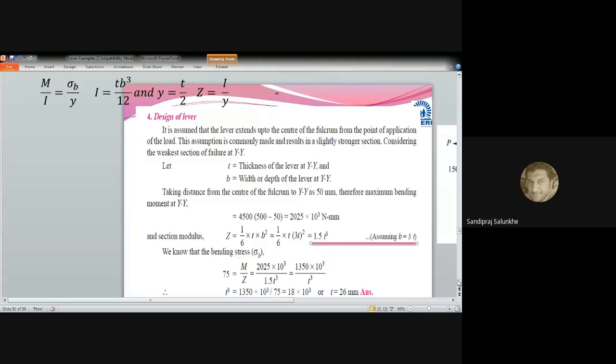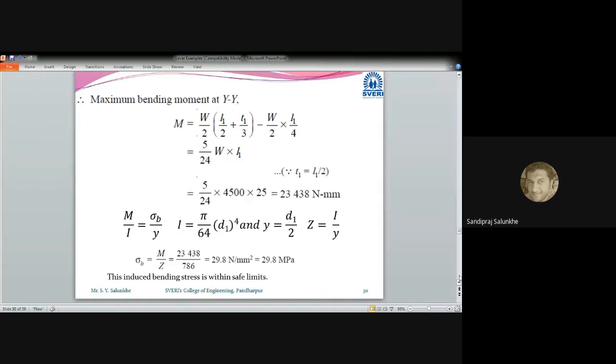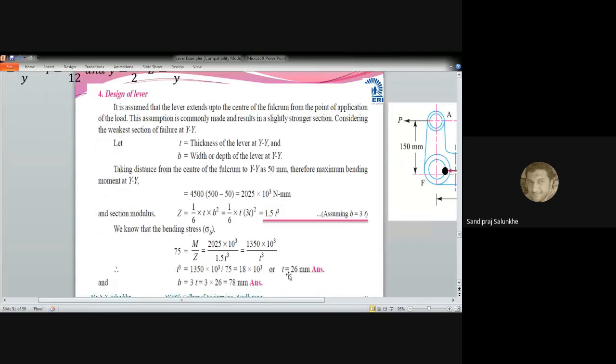So this T cube we are going to consider, and we are going to use the equation sigma B is equal to M by Z. Now we know that the bending stress allowed for that material is 75 megapascal, that is 75 Newton per millimeter square.